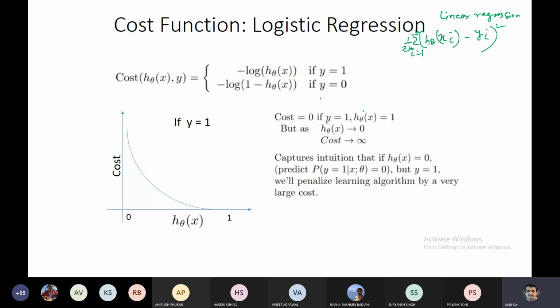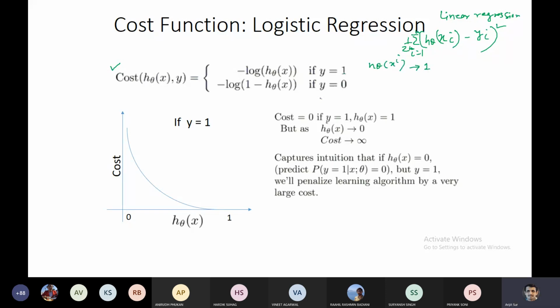But now you see this is our cost of h theta x, y. Now we write it in a different way. When y is equal to 1, our cost function is minus log of h theta x. When y is equal to 1, we have to predict h theta of xi as 1.